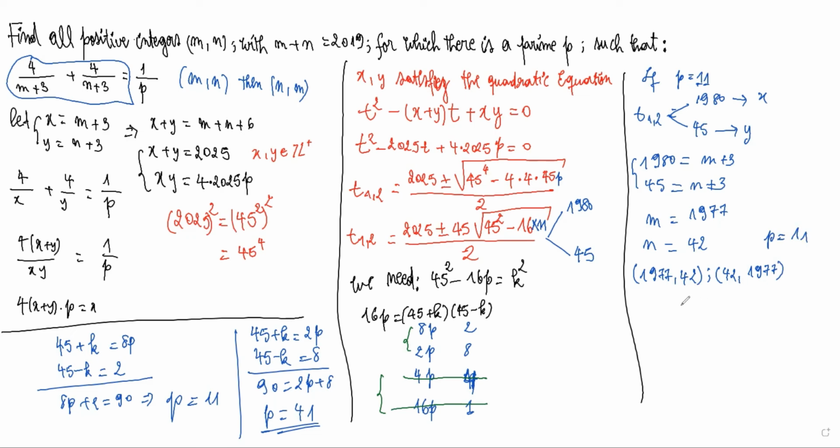Now for the next prime, when p equals 41, you can just plug in the value. Here, instead of 11, we are plugging in 41.